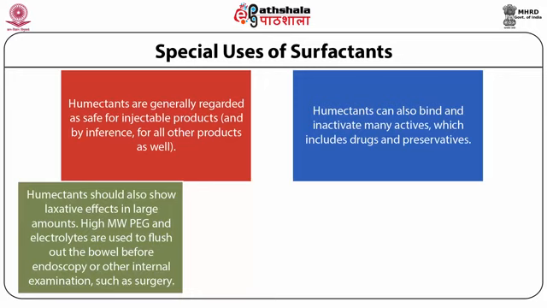Examples include high molecular weight polyethylene glycol or PEG and electrolytes which are used to flush out the bowel before endoscopy or other internal examinations such as surgery.